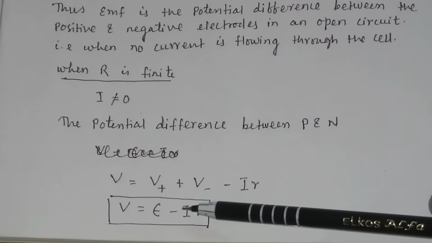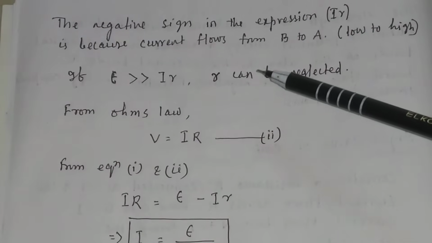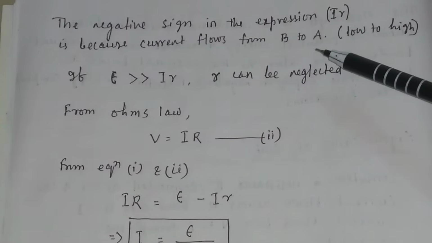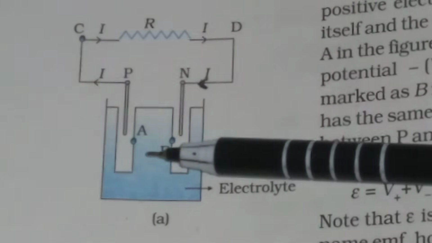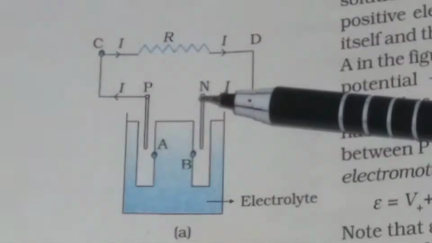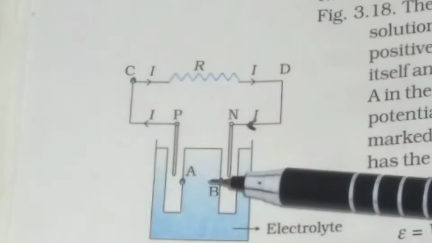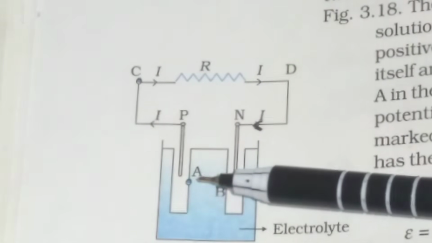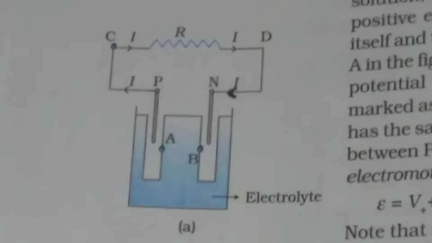Why is Ir negative here? Because current flows from B to A, that means from low to high potential. In this picture you see A is the high potential, B is the low potential. So when current flows through this electrolyte, it moves from low potential to high potential. That is why Ir is negative inside the electrolyte.